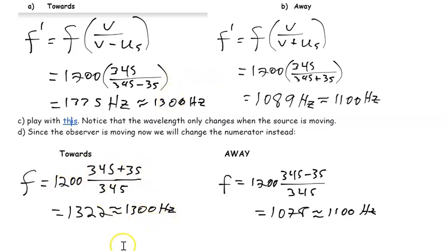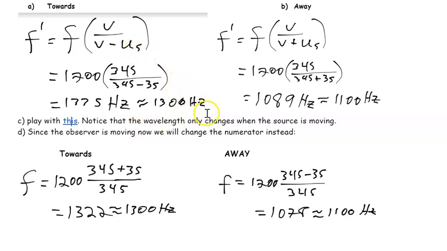And you'll notice the rounded answers end up being the same. But if you look carefully at the numbers, they are not the same. And it matters when you have a medium, whether it's the car that's moving or the observer that's moving, and you can get slightly different numbers depending on how many sig figs. It's not tremendously different, and since we only had a couple sig figs, they round to being the same, but they're actually different when you're moving through a medium.